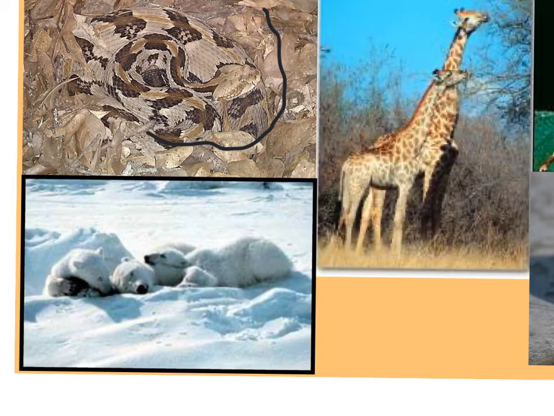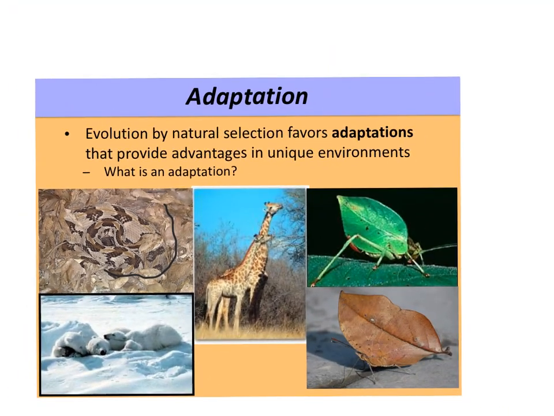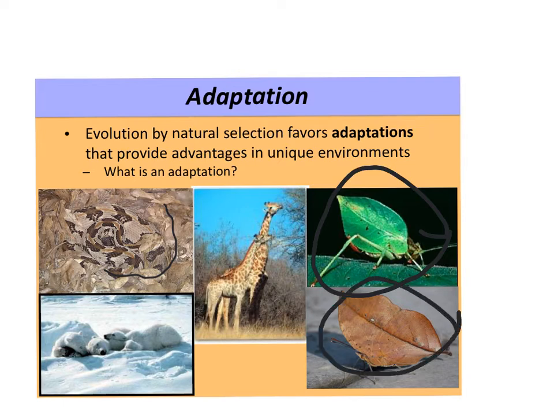It also might help in thermal regulation, and it keeps them warm enough to survive the cold winters. More camouflage. This green leafed insect is camouflaged on this green leaf, so it's harder to see. This brown leafed insect, also camouflaged, harder to see.